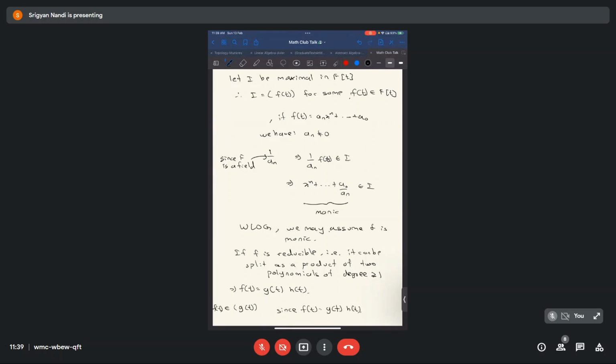And since g(t) is a polynomial of degree greater than or equal to 1, the ideal generated by g(t) is not equal to the whole ring, since it will not contain 1.